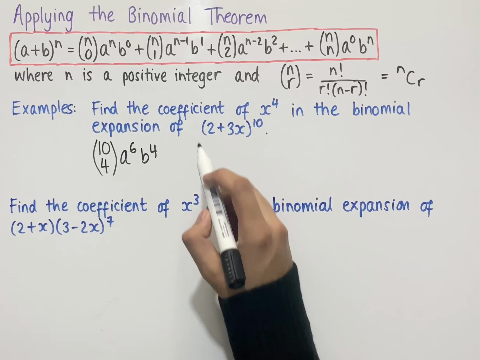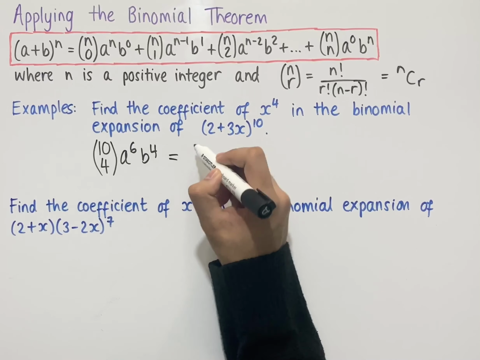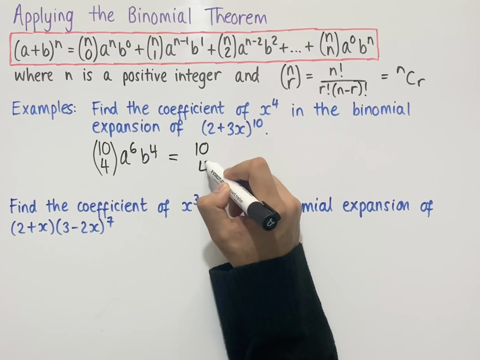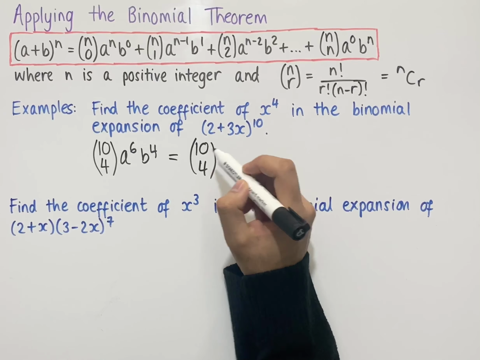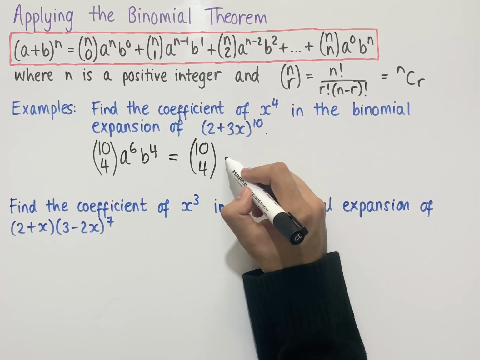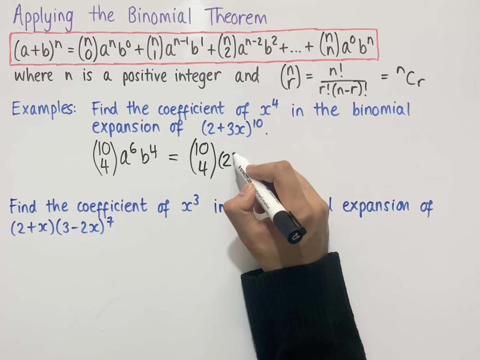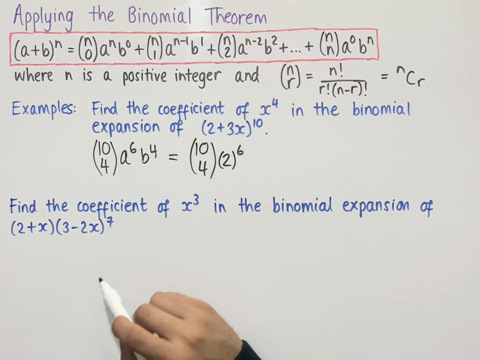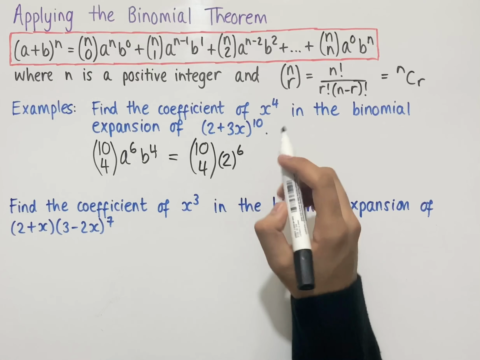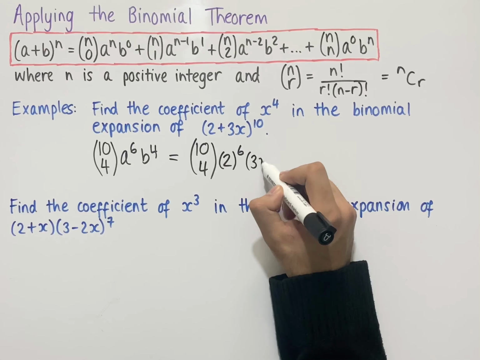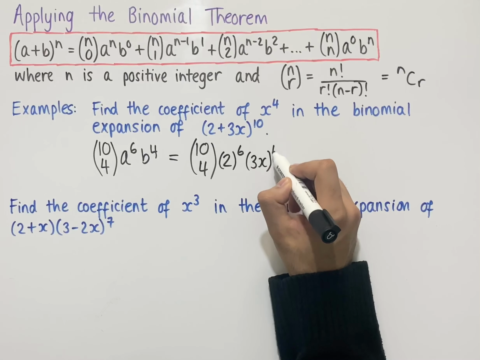So in this question, we have 10 choose 4, and our a is equal to 2, so we would have 2 to the power of 6, and our b is equal to 3x, so we would have (3x) to the power of 4.